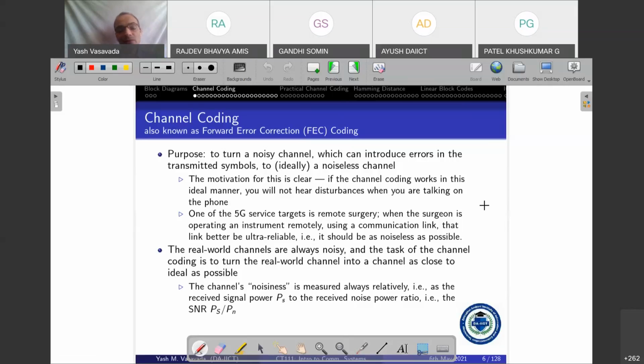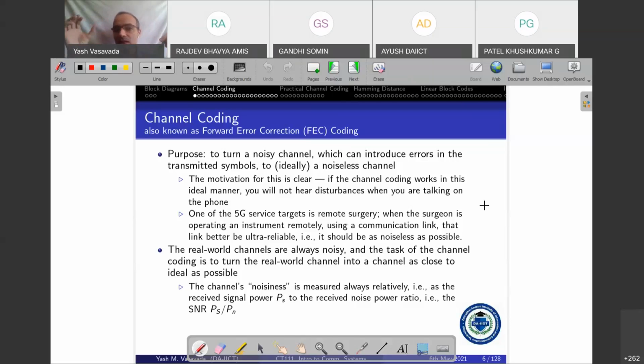I'll give an example of a satellite link. Satellites are like 35,000 kilometers away from the Earth. And therefore, if you happen to be nearby ISRO in Jodhpur, Tekra, you will see that ISRO campus has huge antennas, big dishes.